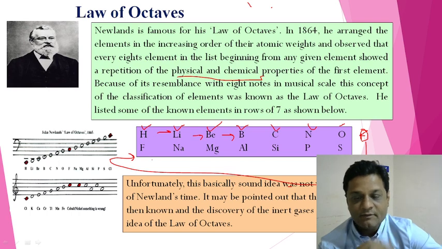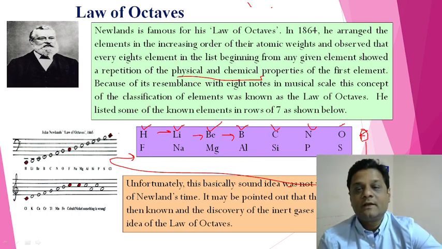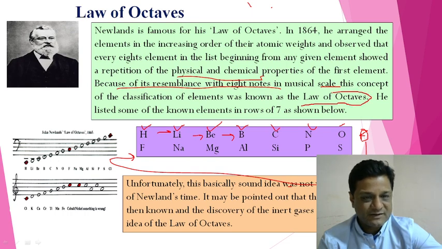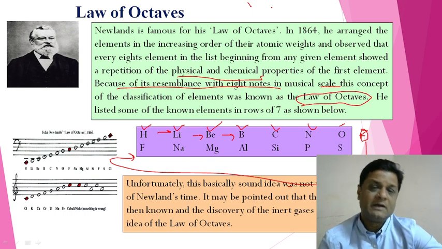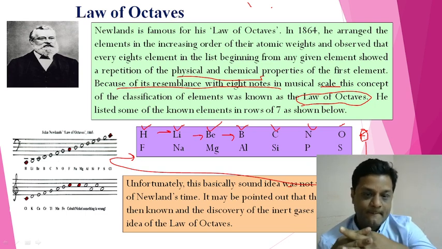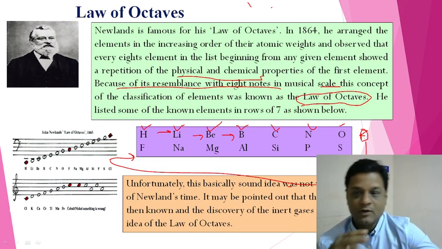It will be the repetition. Because of its resemblance with the 8 notes in the musical scale, it is called the law of octaves. That means it is similar to sa re ga ma pa da ni sa. Likewise, it is called a musical scale, and that's why it is called the law of octaves.